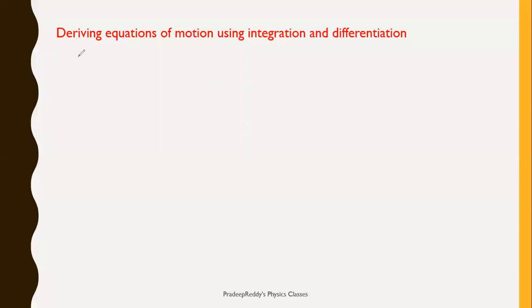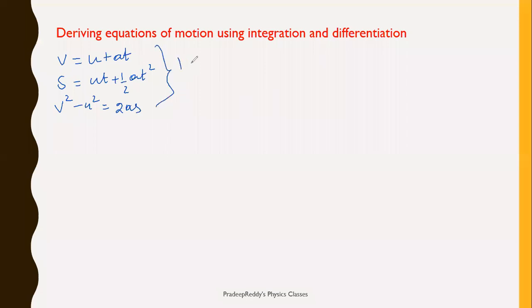We have the basic equations of motion. v is equal to u plus at. s is equal to ut plus half at square. v square minus u square is equal to 2as, right? All these equations are valid only for uniform acceleration.